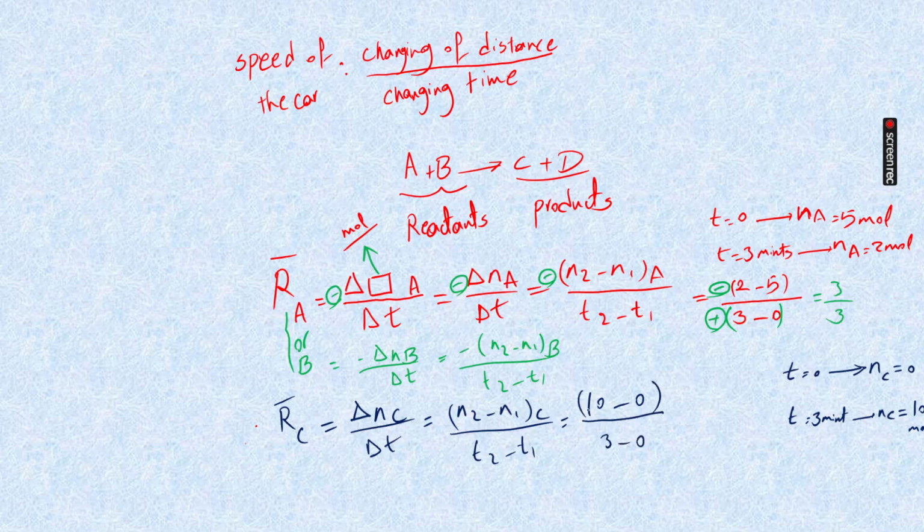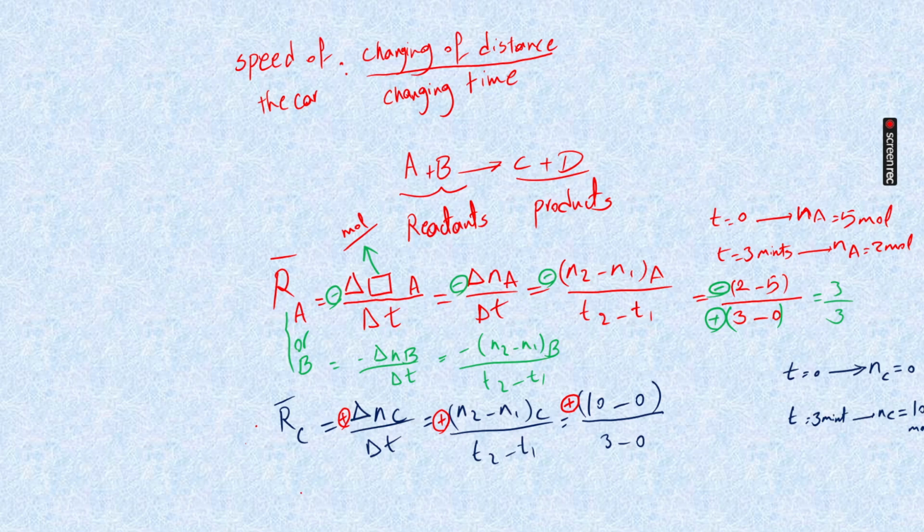For the product, the numerator should be positive. You don't need to put minus. So I have to write positive here. Just to emphasize, for the reactant, there's a minus. For the product, it should be positive. That's why I write positive delta nC for the product, and minus delta nA over delta T for the reactant.